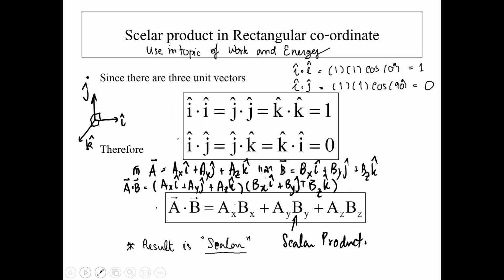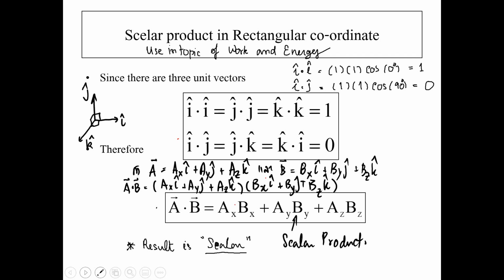In rectangular coordinates, you see that the unit vectors i and j point perpendicular to each other. If vectors are perpendicular to each other, the dot product becomes 0, because one doesn't have any magnitude in the direction of the other vector.